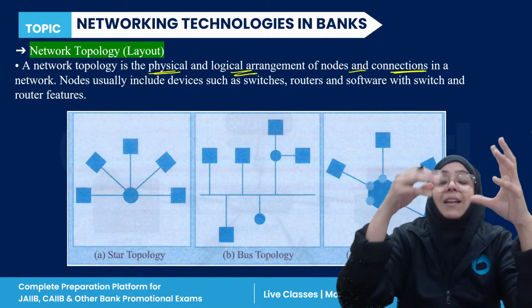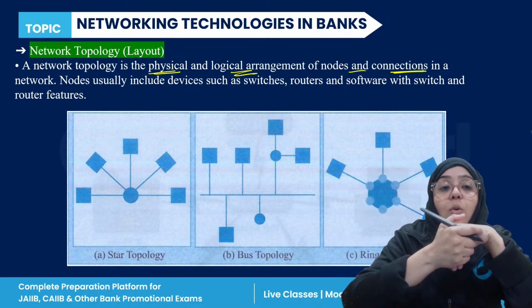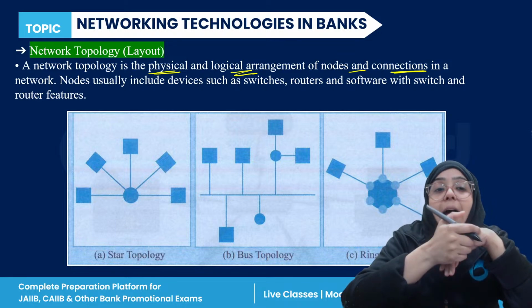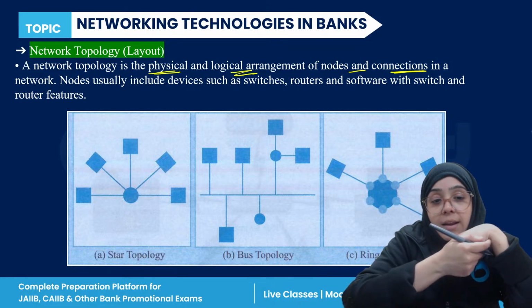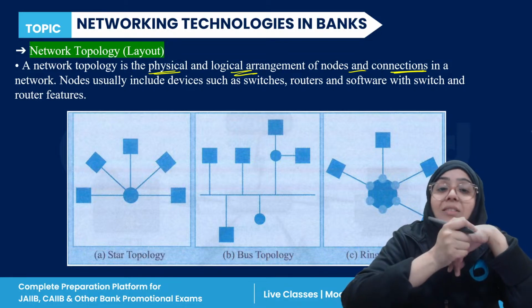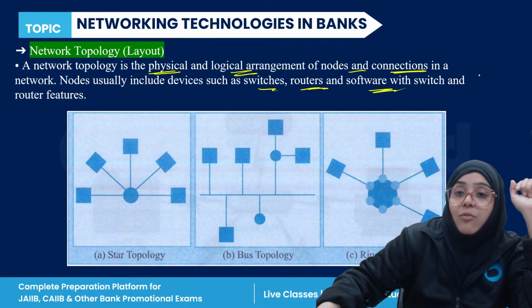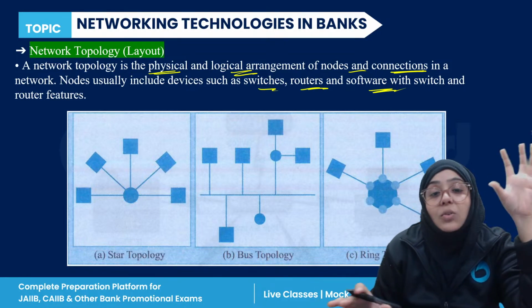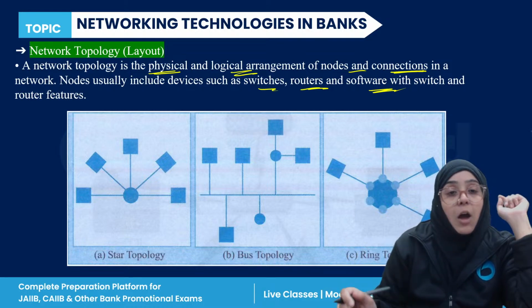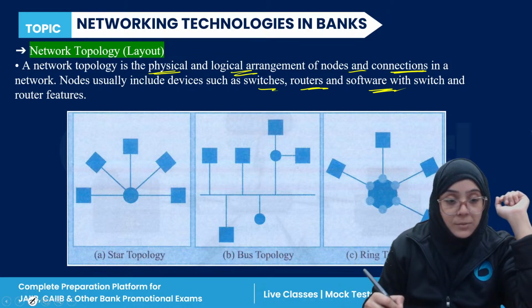So the physical and logical arrangement of nodes and connections is called network topology. Nodes include switches, routers, software, and everything else.